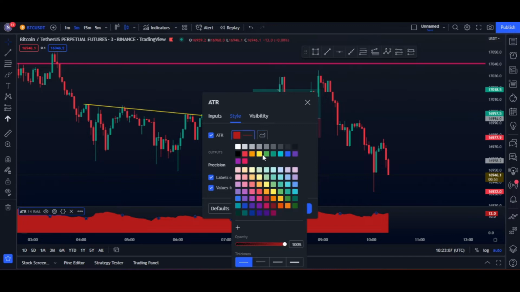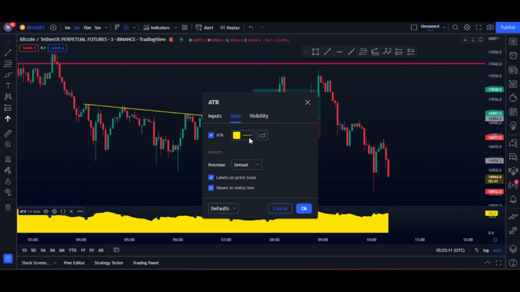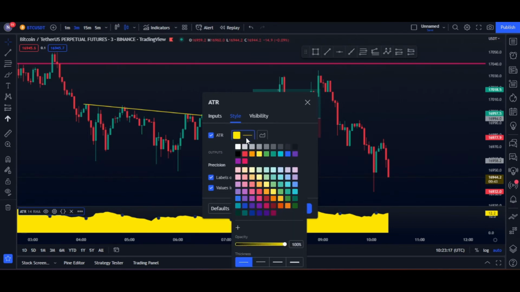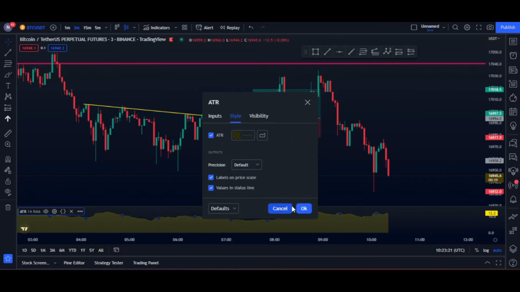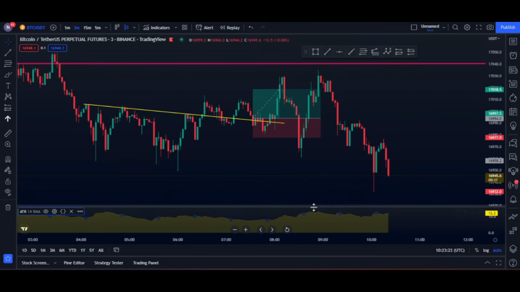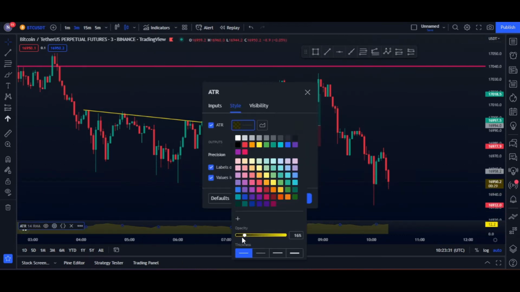But what I usually do is choose a color that is very vibrant so I could easily see the ATR value, and then here I would just lower the opacity of the ATR and minimize this trade right over here. And so as you can see here, let's just lower it down.